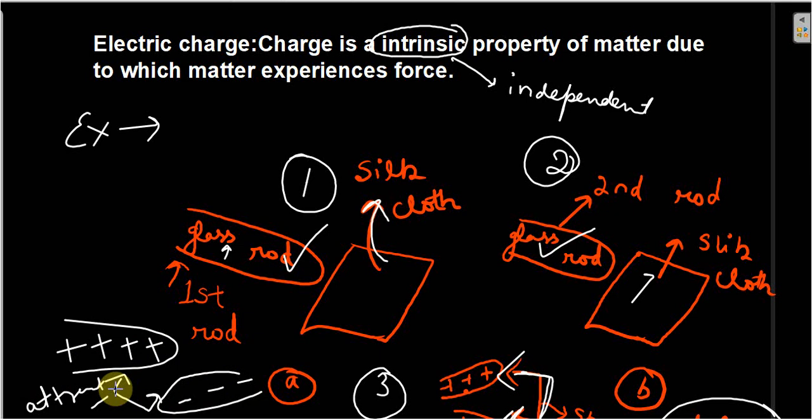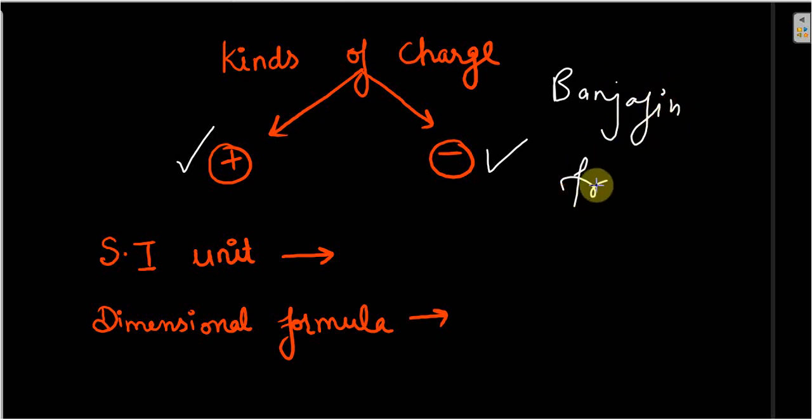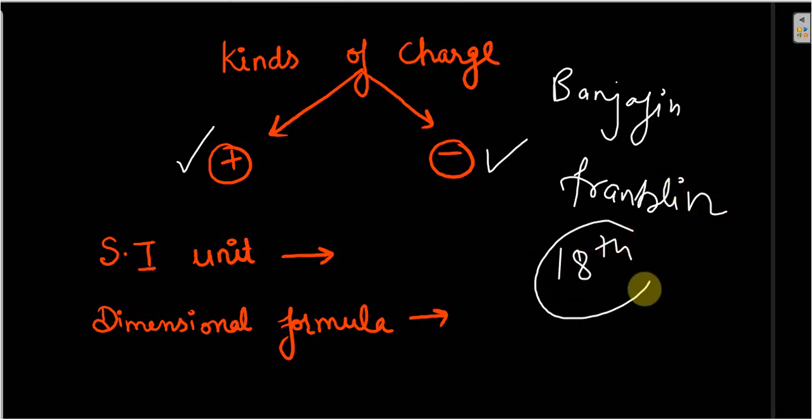Now next, we know there are two kinds of charge. One is positive and the other one is negative. Basically, charges were discovered by an American scientist, Benjamin Franklin. Benjamin Franklin was an American scientist and he discovered charges in the 18th century.